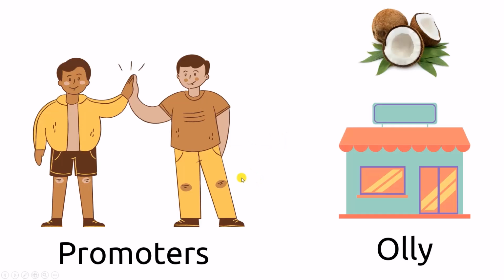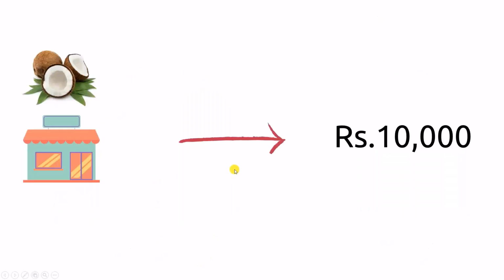We have two friends who want to start a company or an industry or a factory which manufactures coconut oil. The people who start the company are called promoters. Now, they have calculated that they need 10,000 rupees to start the industry.